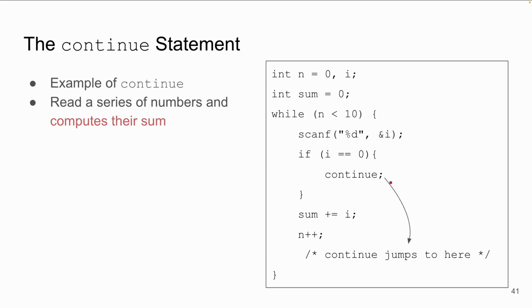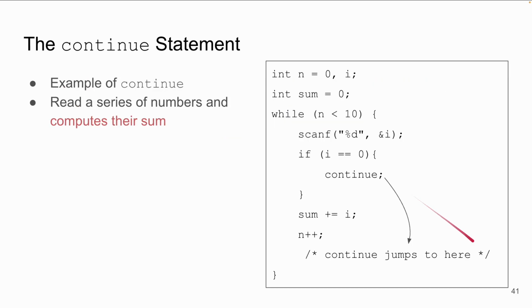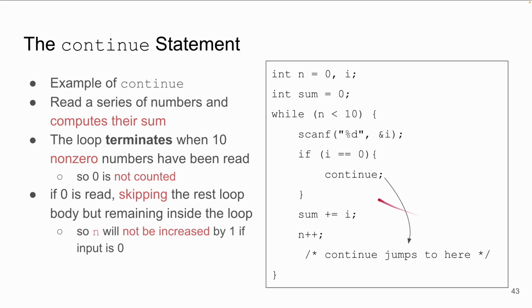Just like I have mentioned in this slide, what the continue statement can help us to do is to skip the statements between continue and the end of the loop body. So when the continue is evaluated, the flow of your program will jump from here right away to this line. So these two statements will be skipped.